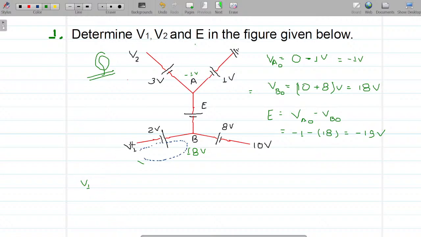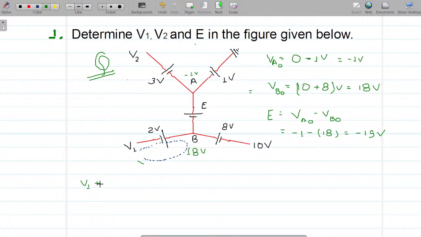Negative to positive, there is potential V1 that is applied. Now you're traveling from negative to positive. Whenever you're traveling from negative to positive, what do we write?